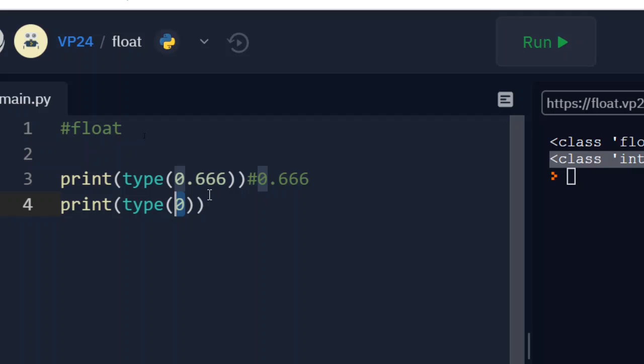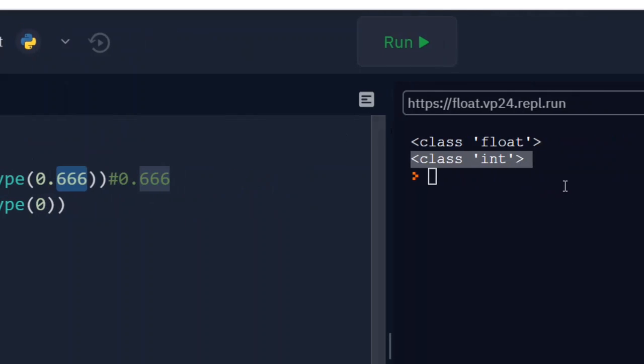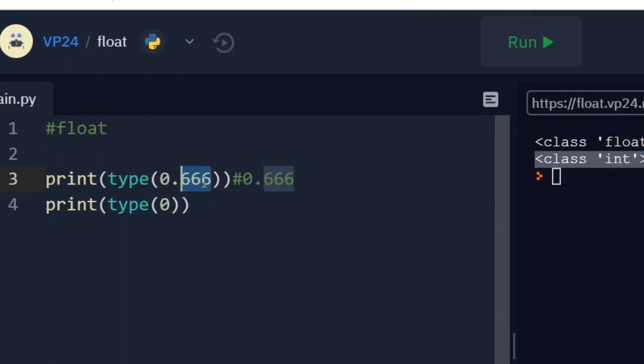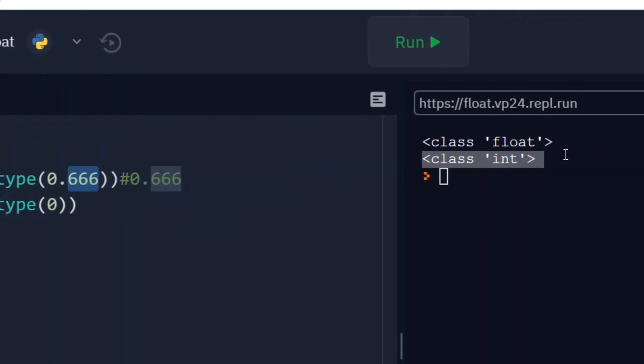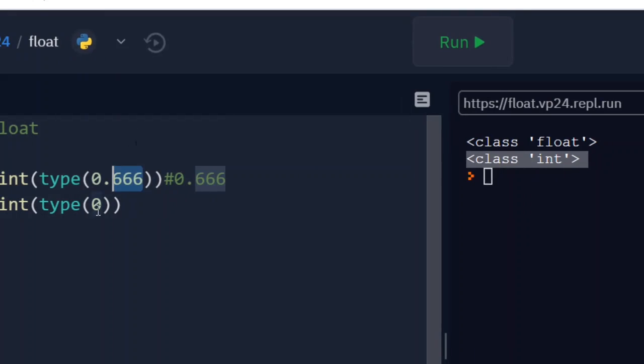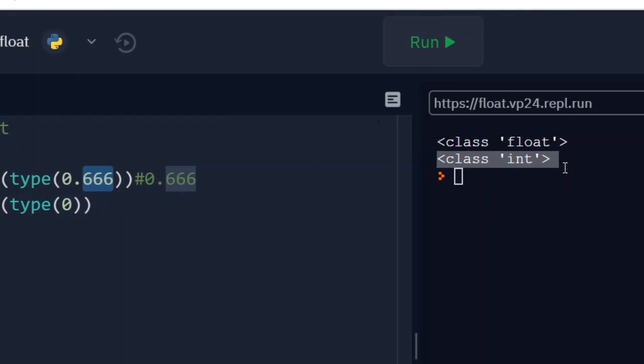And there should be a clear distinction for the computer to understand this. So here it takes two locations, one for this part and another for that part, whereas an integer contains only one number and takes just one location. So the space taken by both of them is different, and that's why there is a clear distinction: if it is a floating point number, it comes under class float, and if it is an integer, it comes under class int. Did you get it?